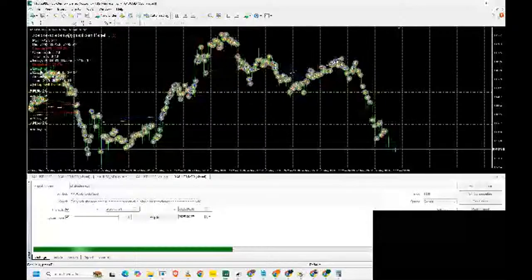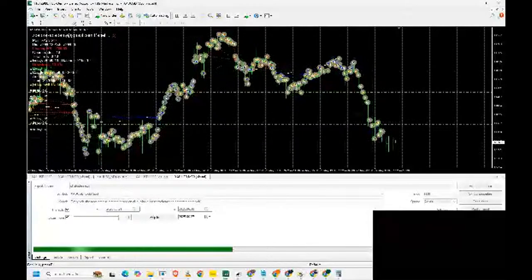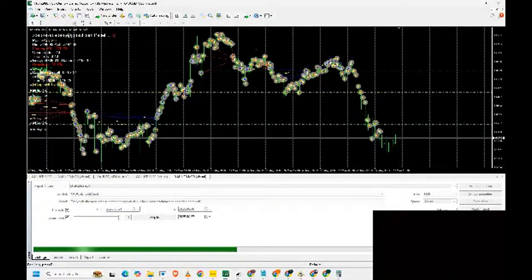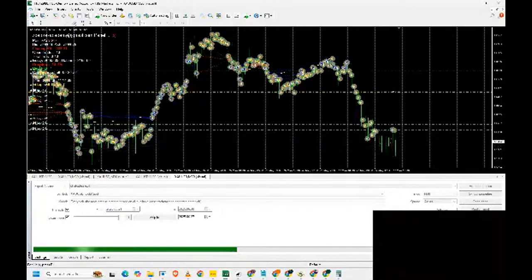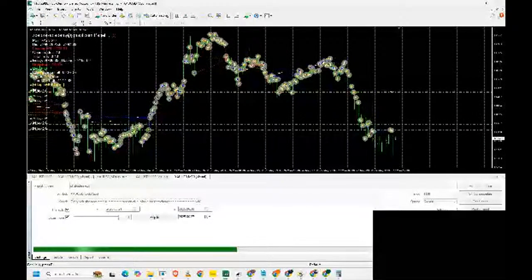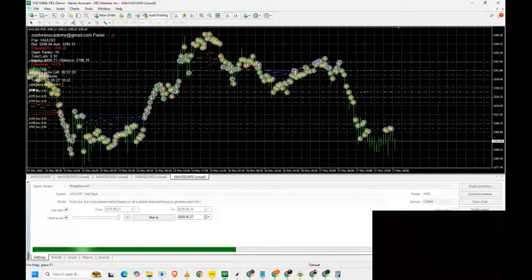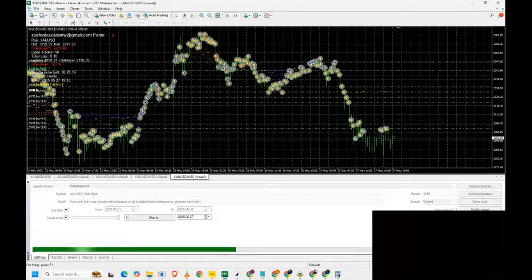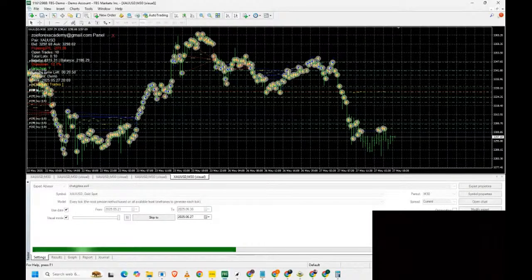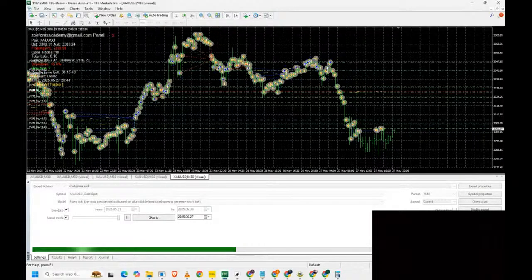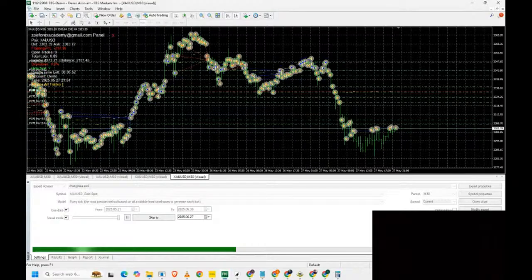All right, so we're doing well so far, from 1818 something we have 2185. The trade is already being held for too long. It's something I wouldn't want to do. But let's keep watch.